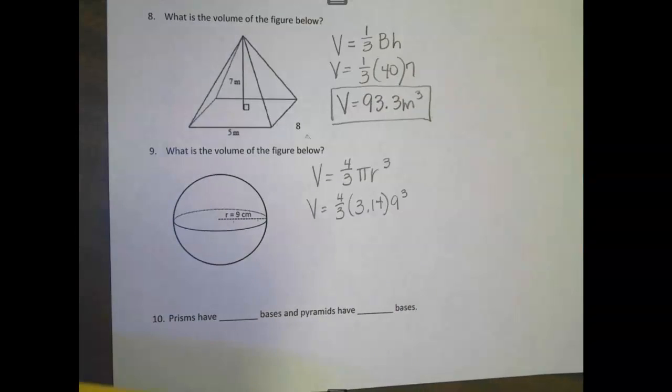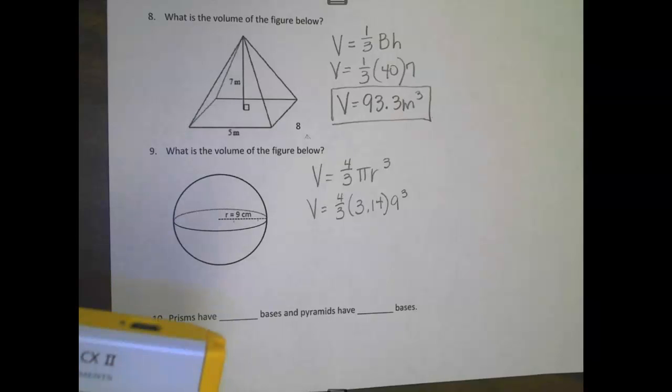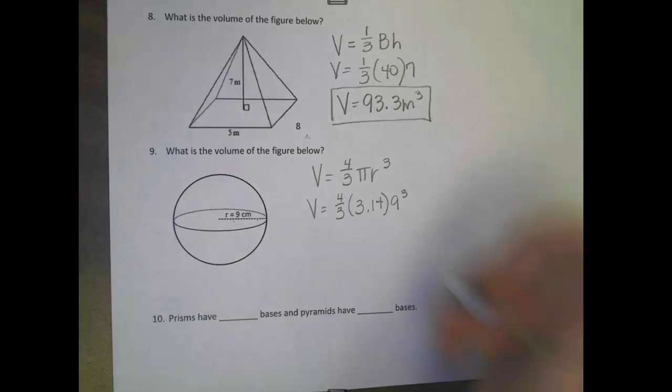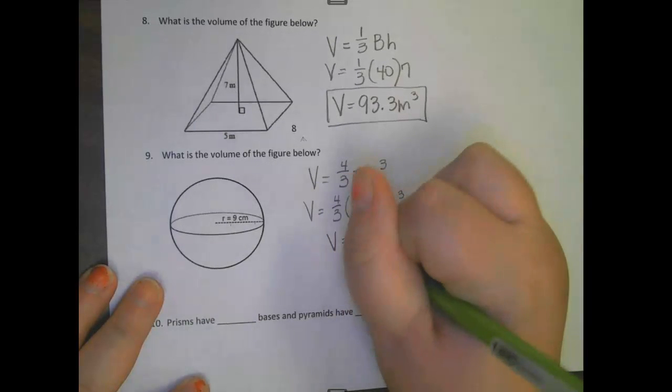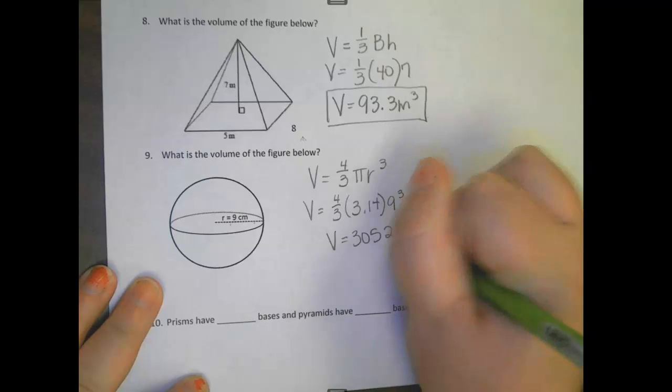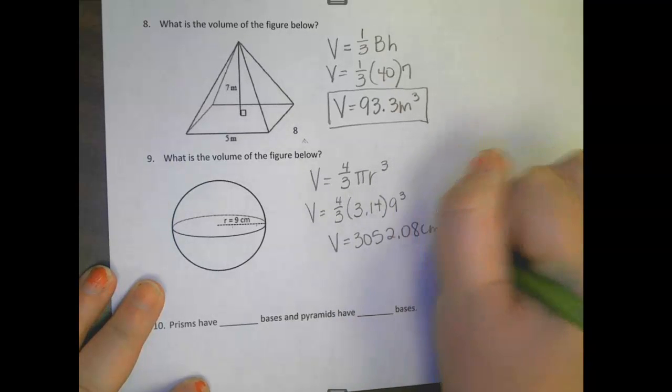Taught y'all how to do this on any kind of calculator in an earlier video. So if you've forgotten how to do that, I encourage you to go back and look at that video. And we get a volume of 3,052.08 centimeters cubed.